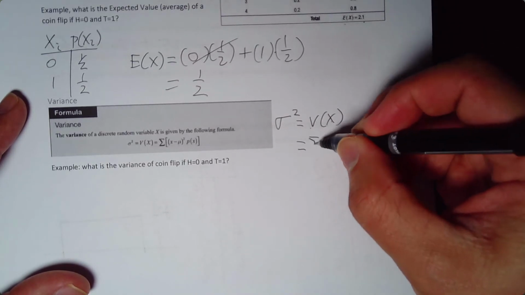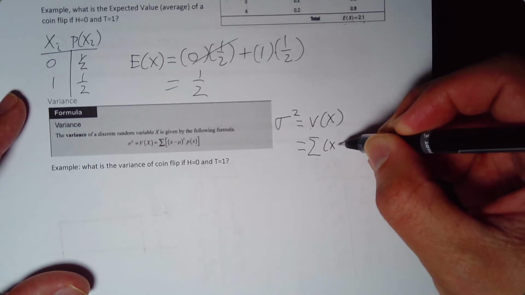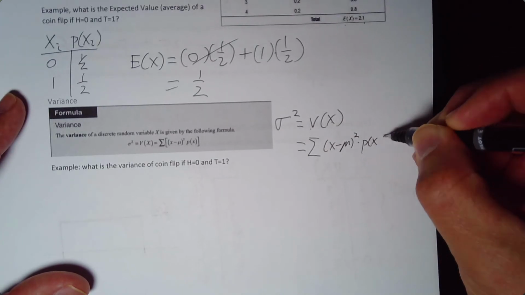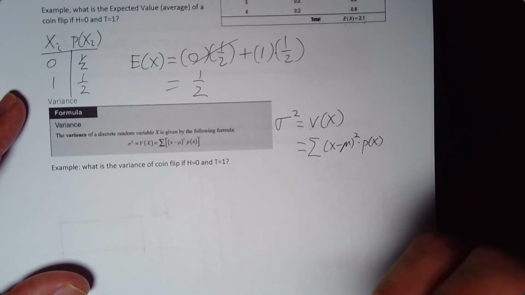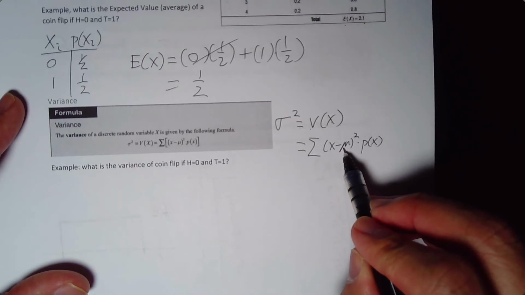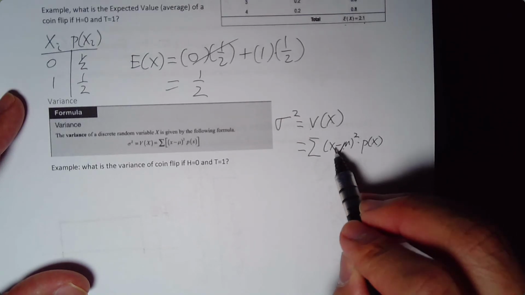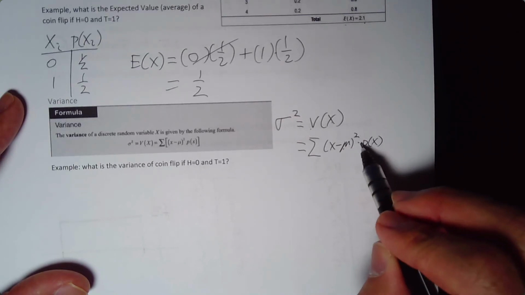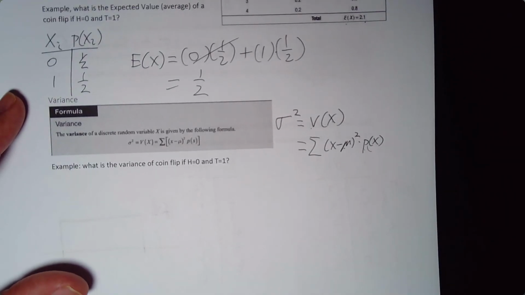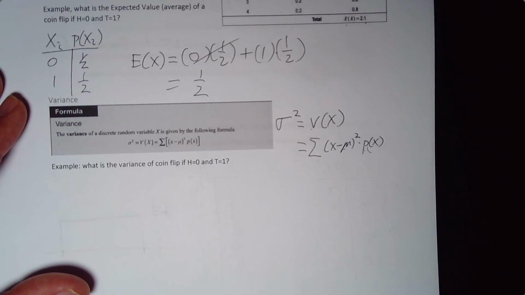It's the summation of x minus mu squared times probability of x. So it still looks like a weighted average. I'm taking x minus the expected value, or the average, squaring it, and multiplying by how likely each of those is to occur. It looks very similar to the traditional variance formula that we already know.